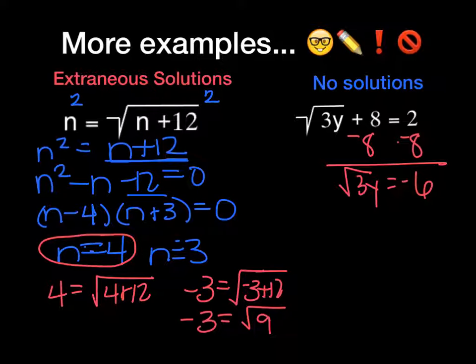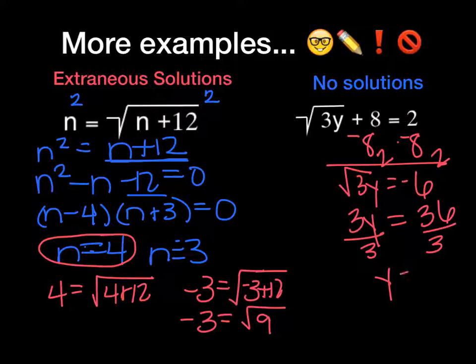And if you square both sides, if you square your square root of 3y and you square 6, you get 3y is equal to 36 divided by 3. So you get y is equal to 12. Well, if you plug your solution back in, check this out.